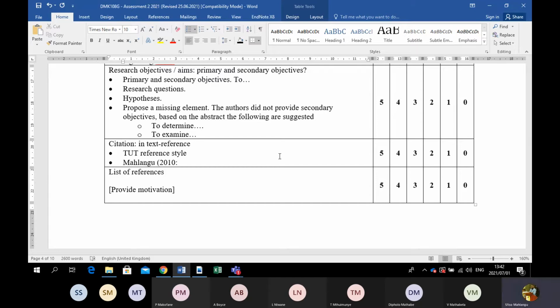It must show a page number. I know that it says author surname, bracket, year, page.